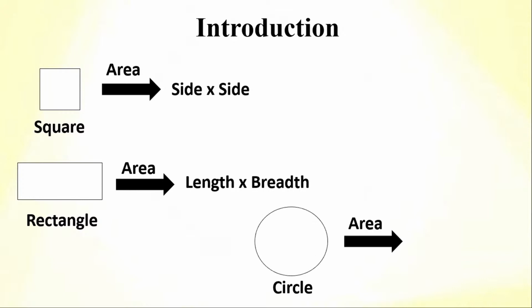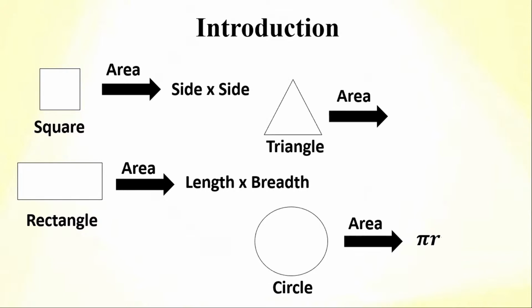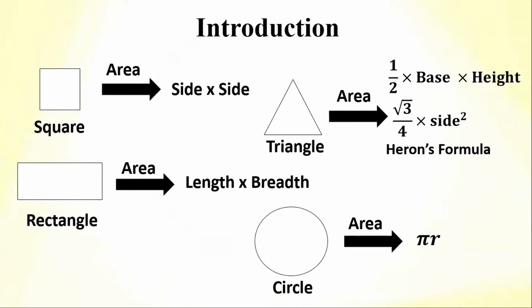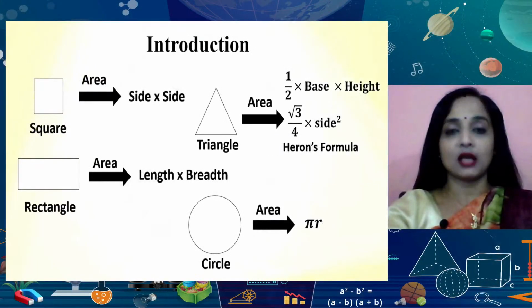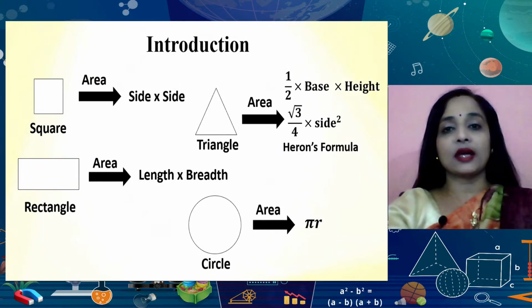Its area is calculated using the formula pi r square. This is a triangle. We have multiple formulae for finding its area, like half base into height, or root 3 by 4 side square, which is for an equilateral triangle. You may also use Heron's formula. You may also use the coordinate geometry formula if you wish to find the area when all three vertices of the triangle are given.